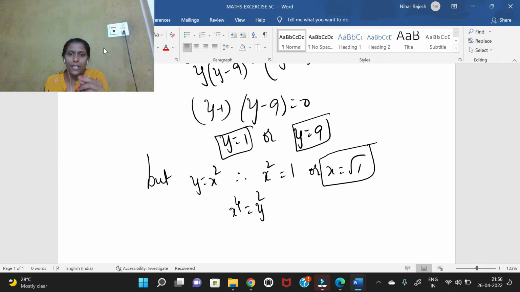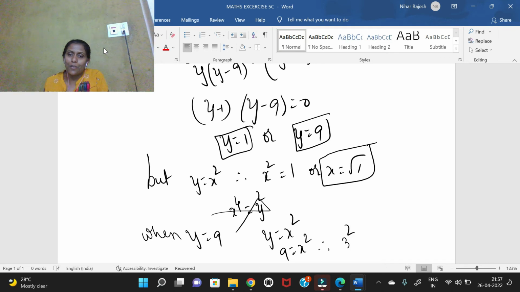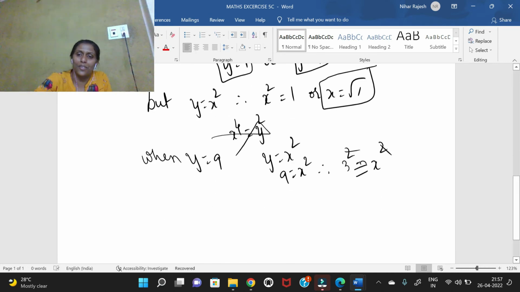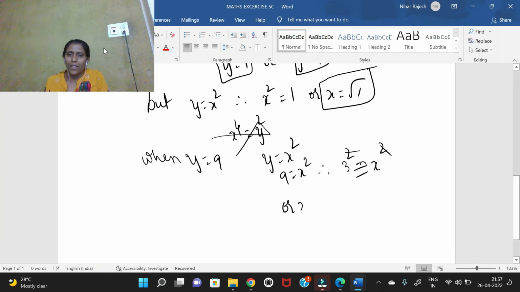Now, when y is equal to 9, you said y is equal to x square. Therefore, 9 is equal to x square. Therefore, 3 square is equal to x square, or x is equal to 3. So the roots of this equation are.